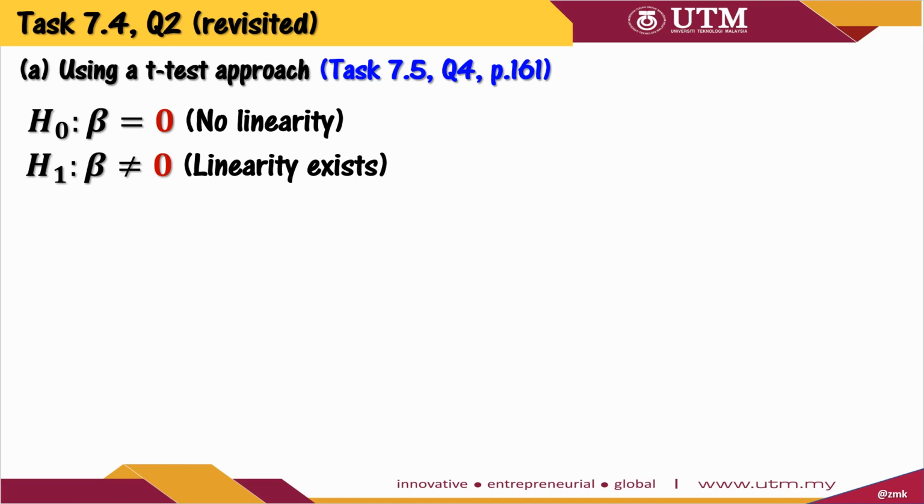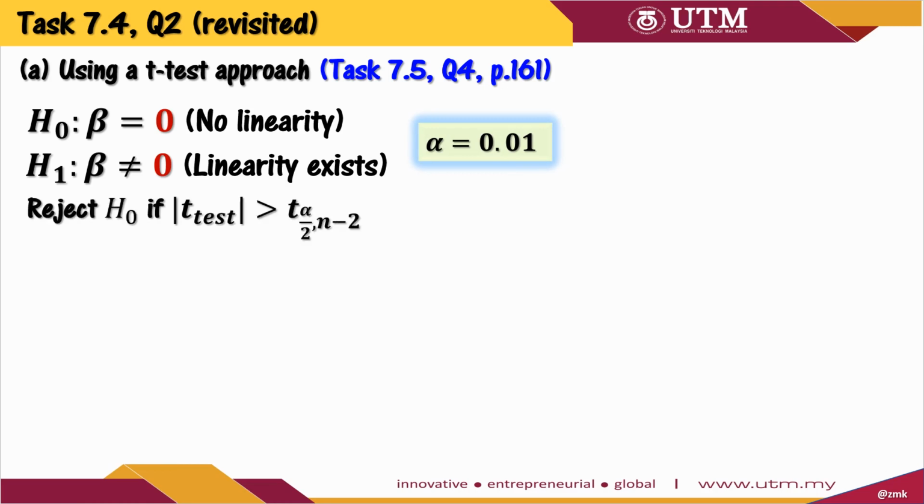Since you should perform this statistical hypothesis test at the level of significance alpha equal to 0.01, the decision rule is then to reject H0 if the modulus of t-test is greater than t alpha over 2 with degrees of freedom n minus 2, which is equal to t 0.005, 8 given by 3.355 from the statistical table booklet page 35.